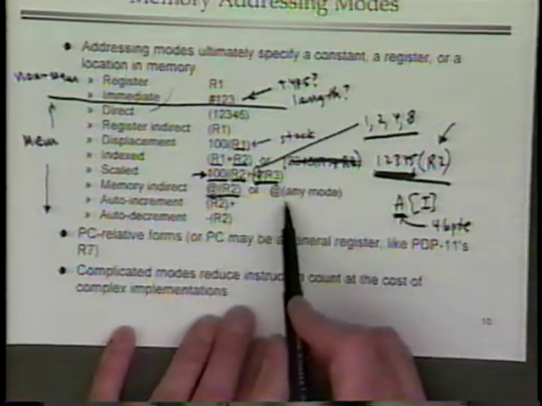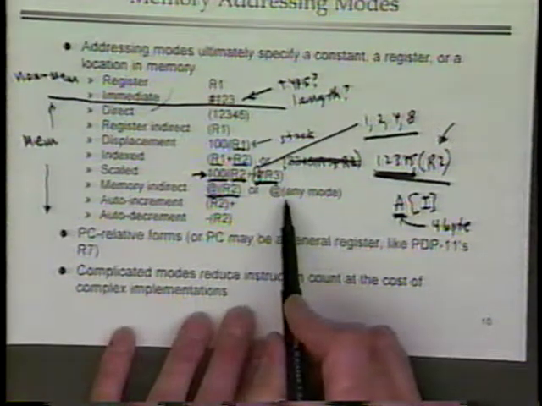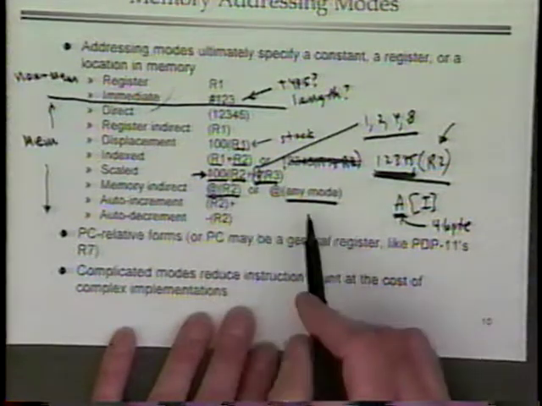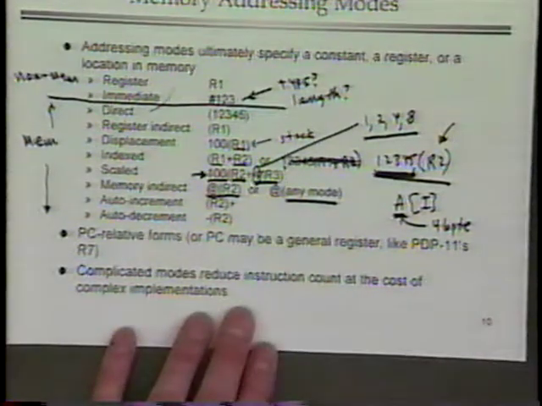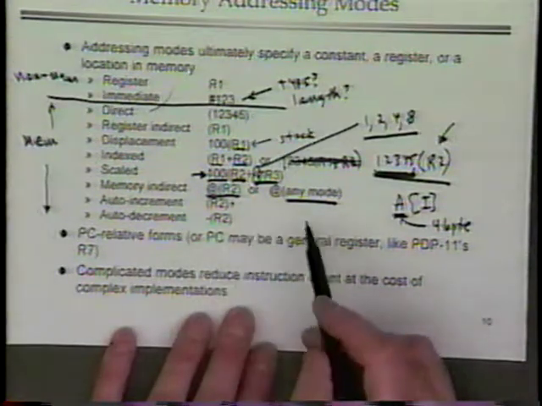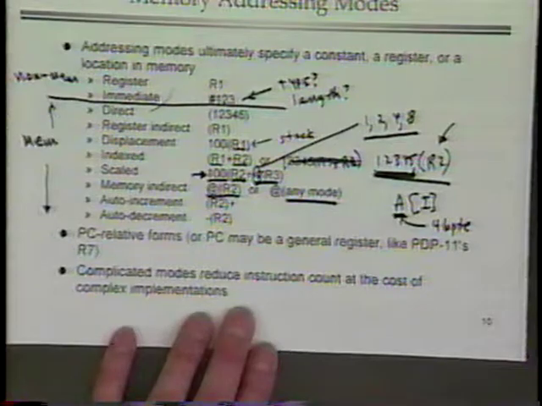Notice that, in fact, it can be, and it has been in architectures, that the location that you reference with that first memory specifier can itself specify something in memory, which is a memory specifier. So instead of just being the address of an operand address, it could be the address of something that looks like a little bit of an instruction, which itself says how to do the next level of memory indirection.